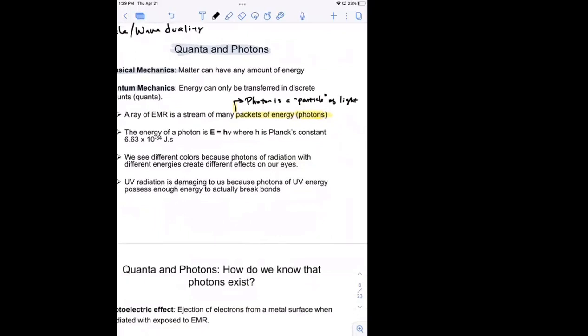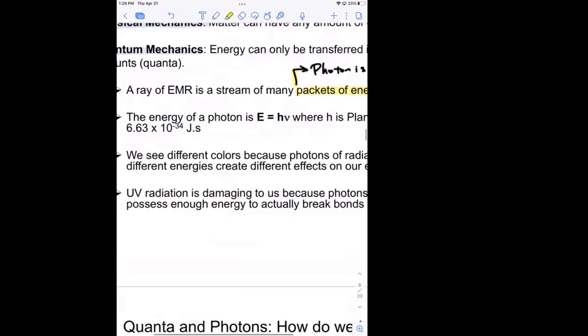And we can think about photons on a singular level, like a singular particle of light has a specific energy, but then we can also think about it on a molar level. Like if you have a mole of photons, you can calculate that energy as well. But right now we want to talk about the energy of a photon and how to calculate it.